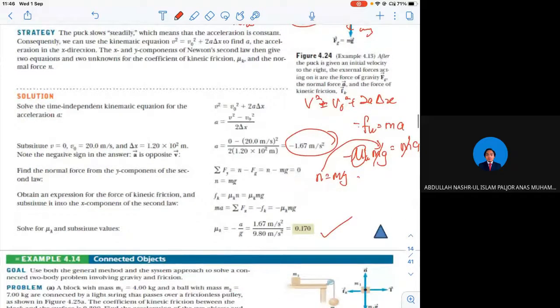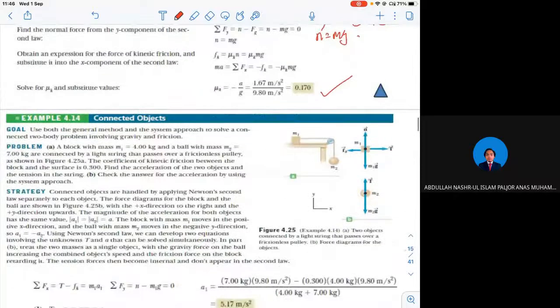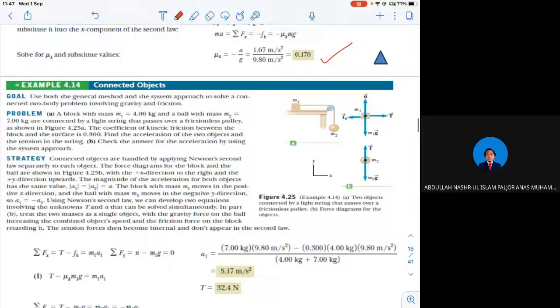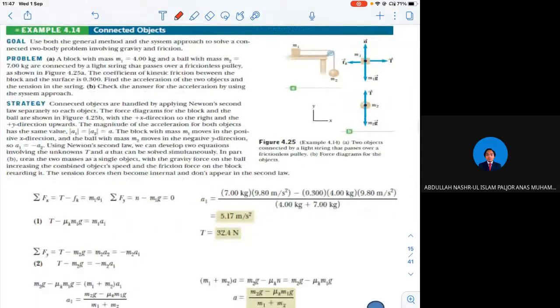Okay, so look at another example. A block with mass m1 of 4 kg and a ball with mass m2 of 7 kg are connected by a light string. And look at it, they use a light string that passes over a frictionless pulley.